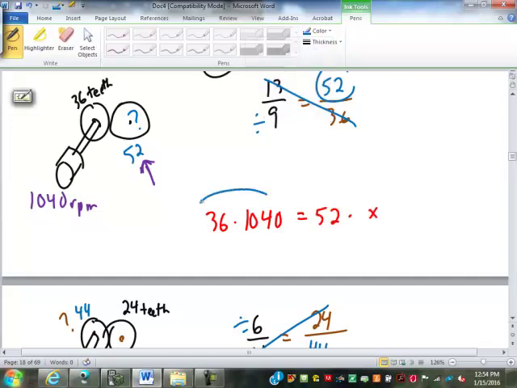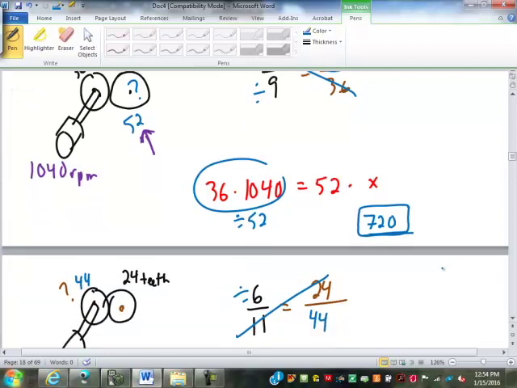So you're going to multiply 36 times 1,040 and then divide by 52, which is going to give you 720 RPM. Get confused, right?